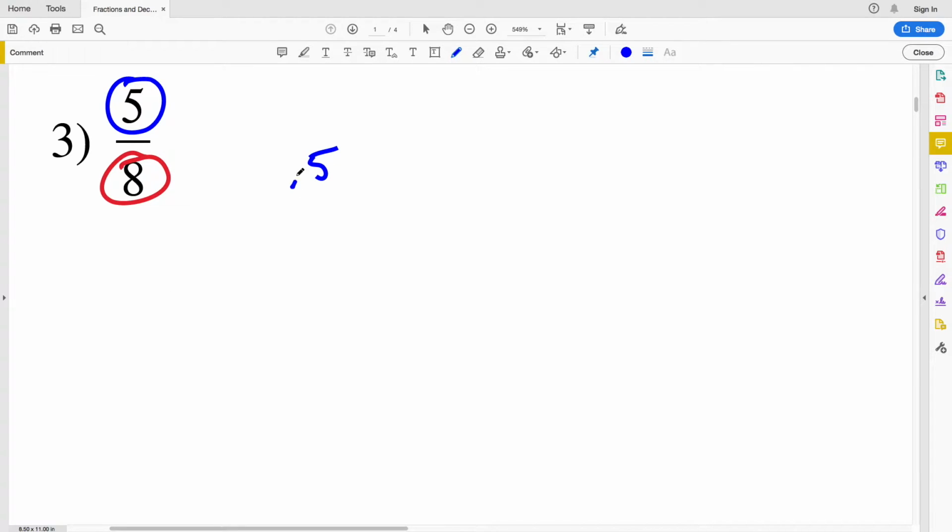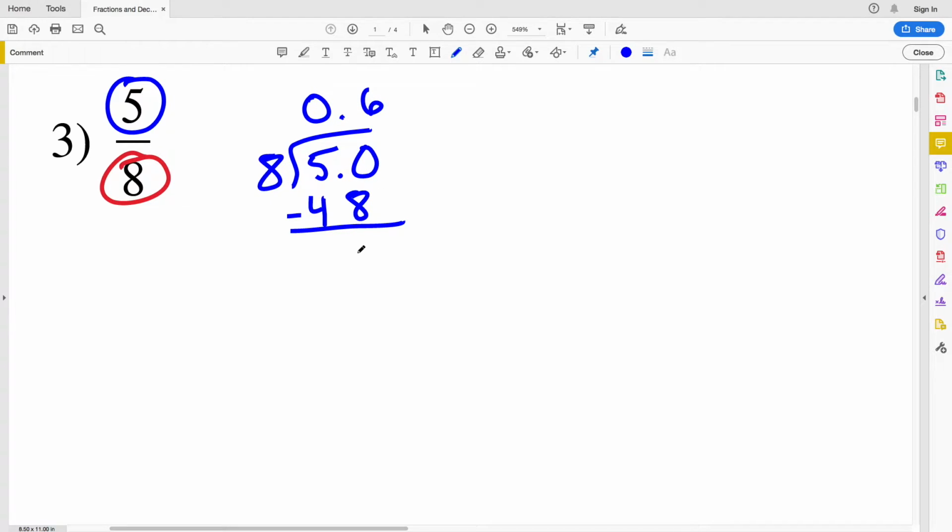So 5 divided by 8, 8 goes into 5 0 times, so writing the 0 and carrying down that decimal. So now we'll put a placeholder of 50. 8 goes into 50 6 times. 6 times 8 is 48. Notice if we tried multiplying 8 by 7, that would be 56, which is greater than 50. So 6 is the highest number of times 8 goes into 50.